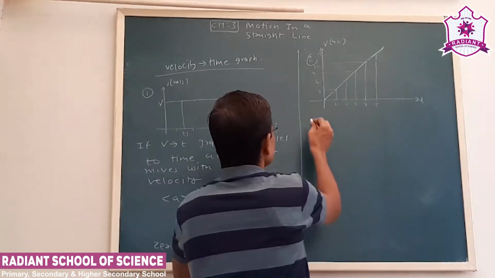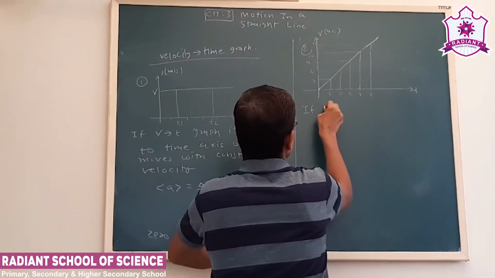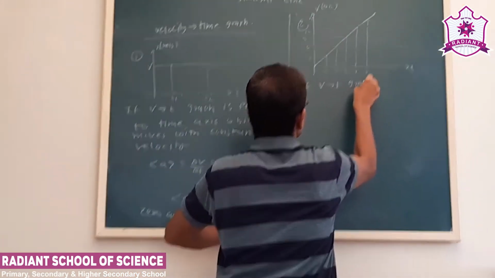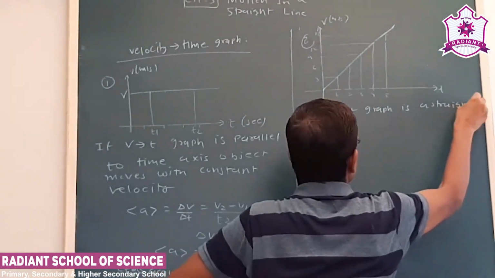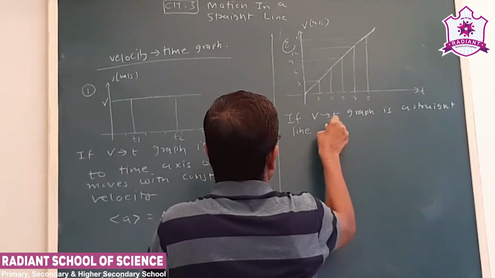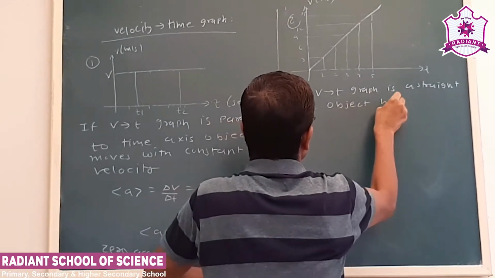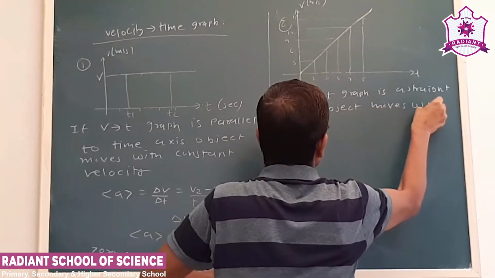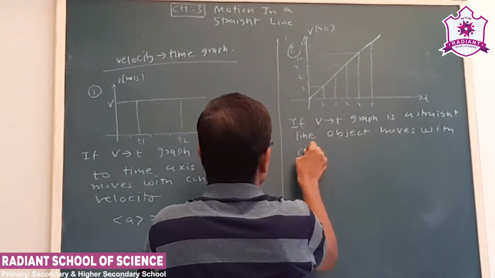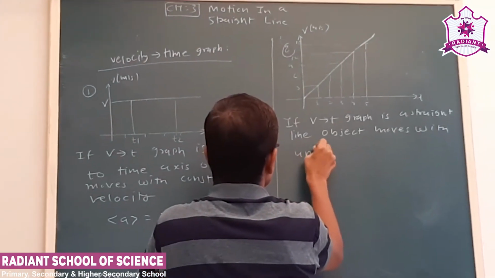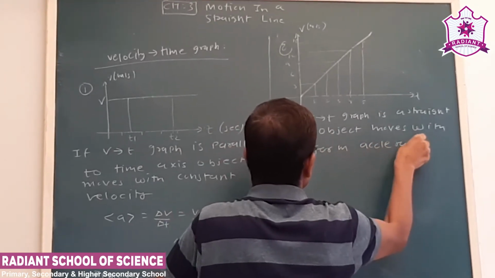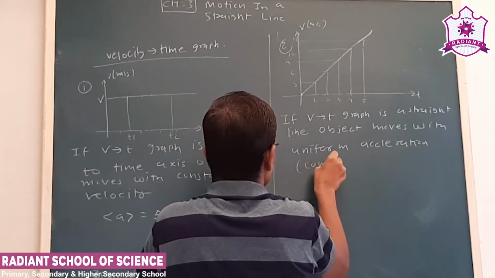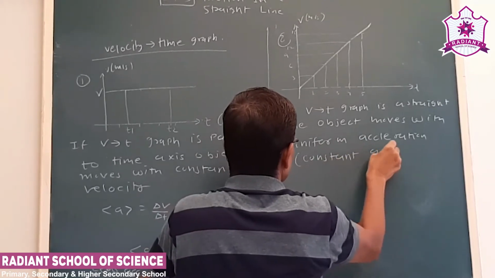If the v versus t graph is a straight line, the object moves with uniform acceleration, or constant acceleration.